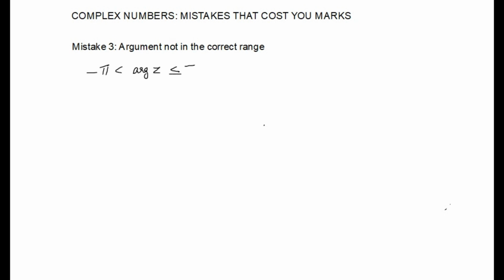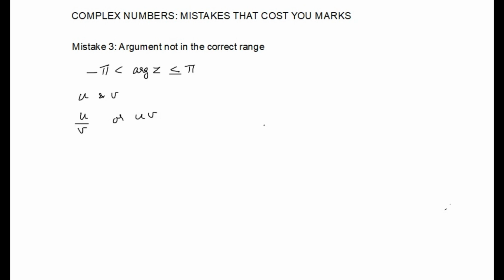That means your argument has to always lie between minus pi and pi inclusive. Now suppose you have two complex numbers, u and v, and they're asking you to divide them, so u by v or u times v. In that case, you might end up with an argument that does not lie in this range of minus pi to pi.